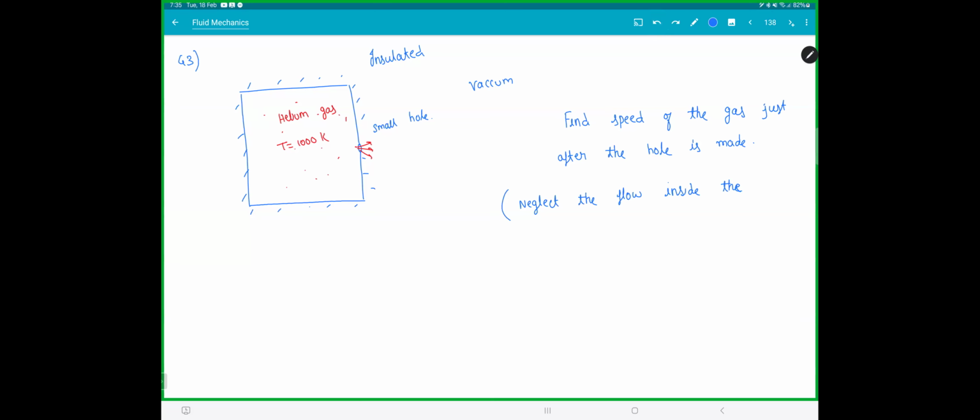Temperature will change, pressure will get messed up. Everything changes. It becomes too difficult to figure out. Neglect the flow inside the container. That is, assume the gas is at rest initially. Now, how do we do this?